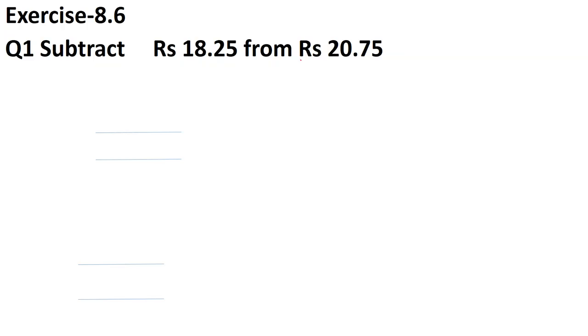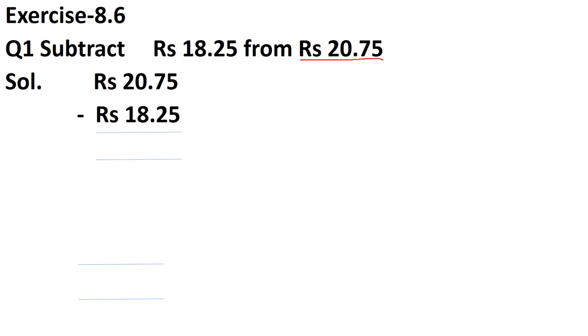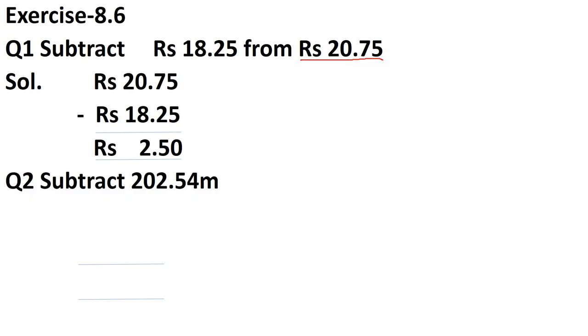So now we will write down first of all 20.75. Rupees 20.75 minus, we have to subtract. What we have to subtract? Rupees 18.25. When we subtract, we get 2.50 as our answer.